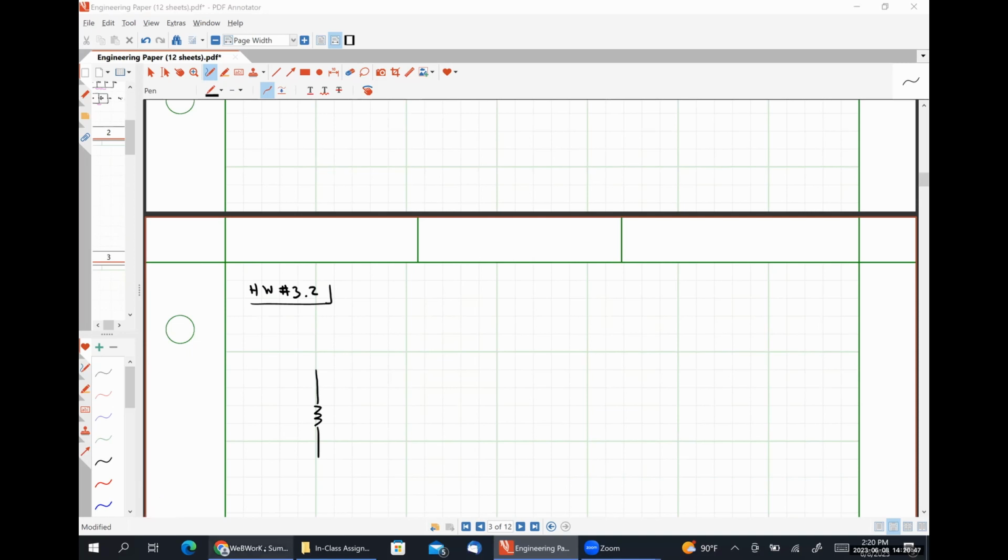Let me look at it again really quickly. The value of the resistors doesn't particularly matter, so I'm just going to make some things up here.